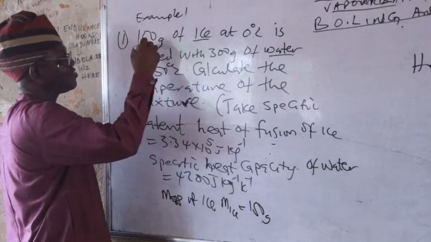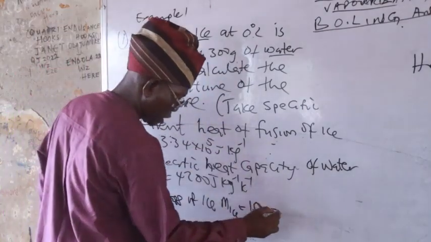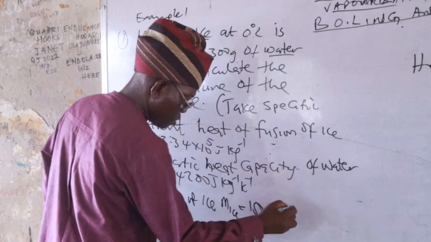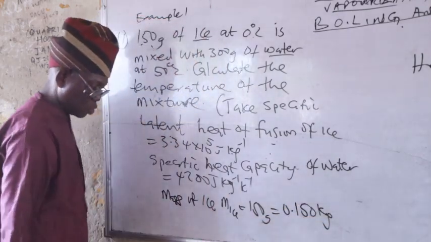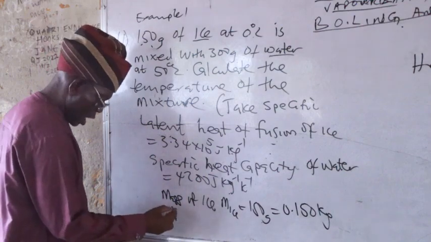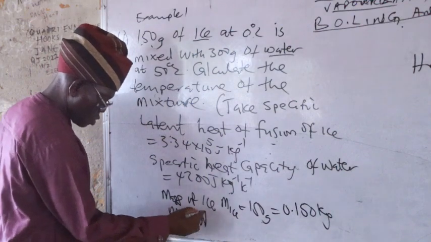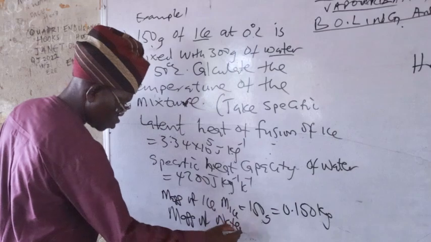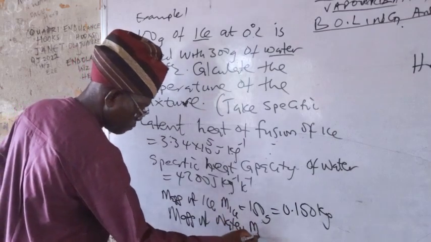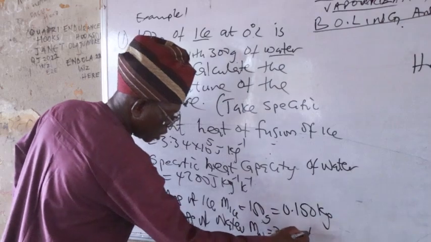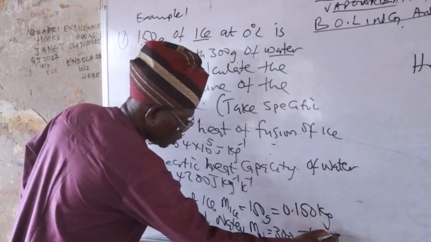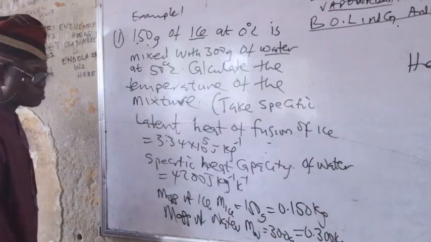That means masses in gram need to be converted to kilogram. 1 kilogram, you divide by 1,000. Similarly, mass of water, Mw, which is 300 grams, will be converted to 0.300 kilogram.